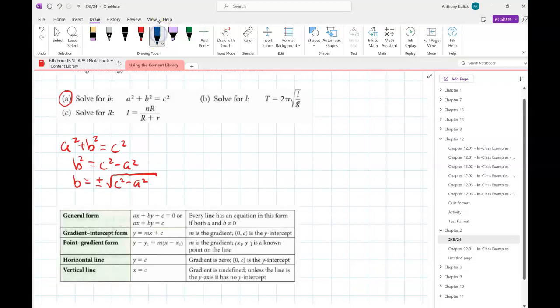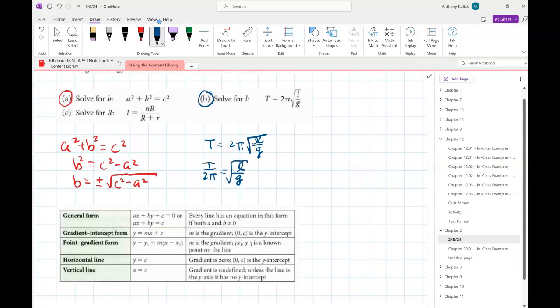Great. How about this one? Solve for L. T equals 2 pi square root of L over G. What should I do first? Divide by 2 pi. Okay, then what?